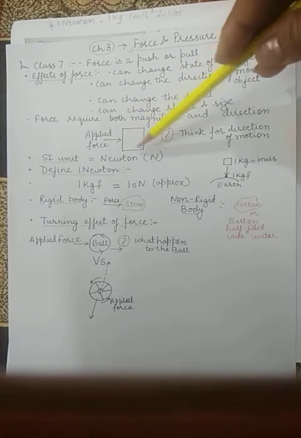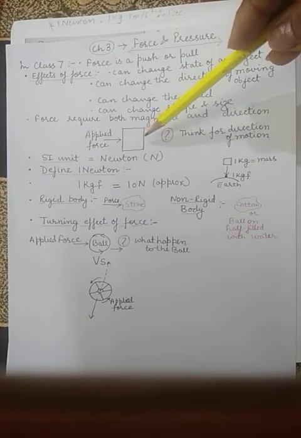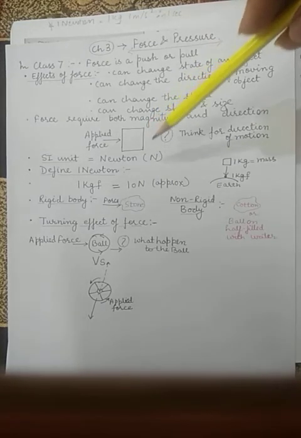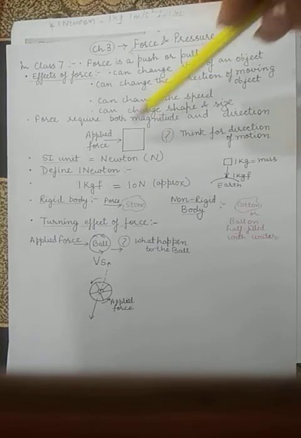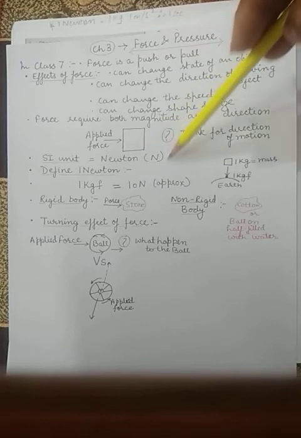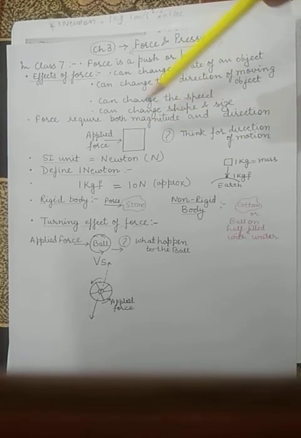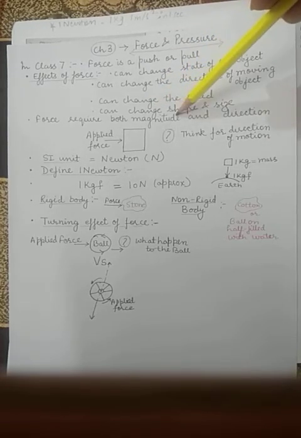Or this box is simply of 2 kg. Then you will think about the amount of force which has to be applied on it. So force is a quantity which, whenever it is exerted on the object, we have to think about the amount, how much force to be applied on the object.